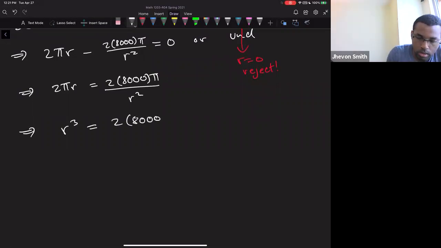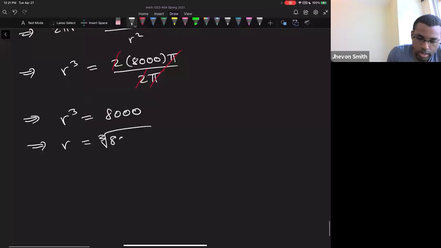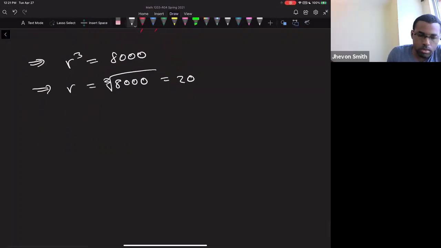Of course, 2 goes into 2, pi goes into pi, so you get r cubed equals 8,000. This means r equals the cube root of 8,000, which is 20. Okay, so you get r equals 20.